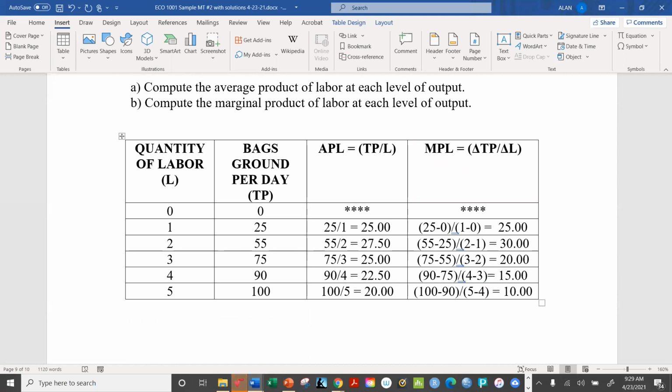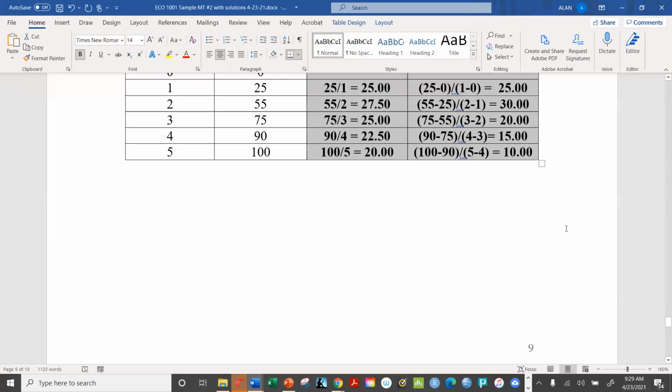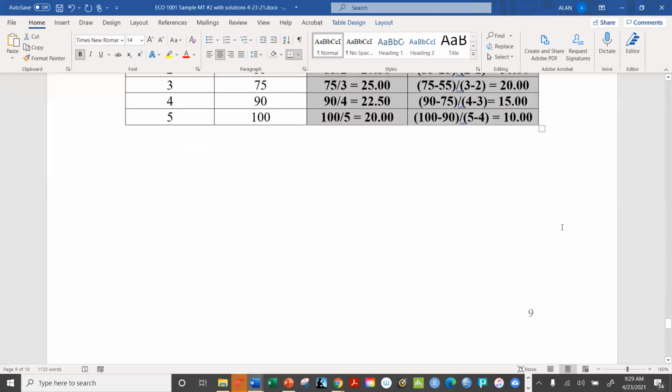So this is exactly the pattern we would normally expect. At first, both of these rise, but then they start falling, and once they start falling, they continue to fall forever. That's a reflection of diminishing returns. That's all we had to do there. Okay, good.